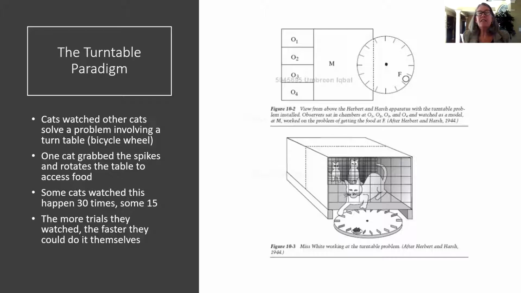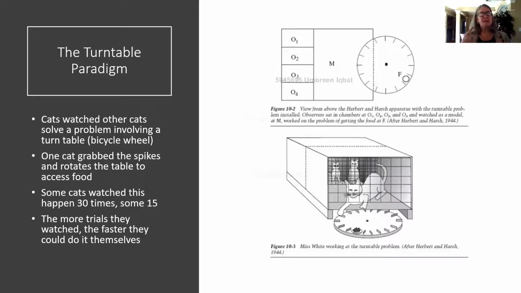And what they found is that cats who were able to watch a cat problem solve successfully learned much more quickly how to solve the problem when they were put in the box in the turntable paradigm. And the more time that they were able to watch a cat successfully solve the problem, the fewer trials it took for them to solve the problem.